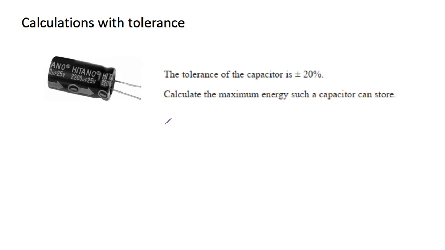In recent papers, they have brought back, actually I would say, the concept of tolerance. And when it comes to capacitors, always link tolerance with capacitance. So here you can see this capacitor has a tolerance of 20%.